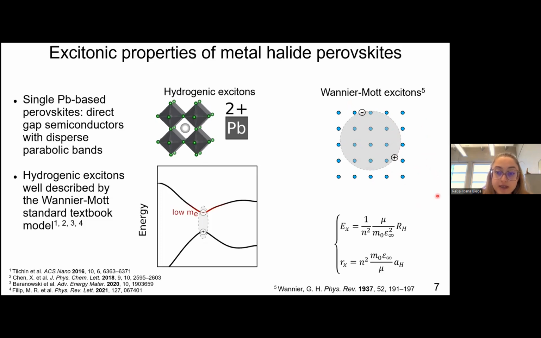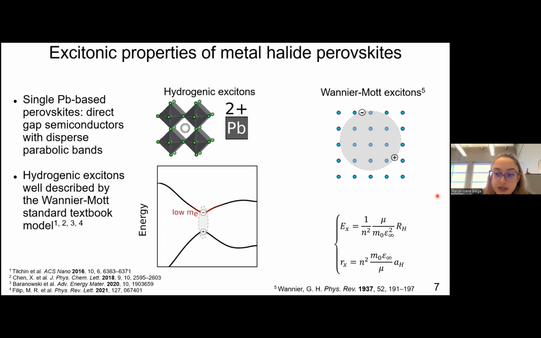Another important point that I have to mention is that the exciton binding energy in those lead-based perovskites is small, in the order of 50 meV. But that is not true for double perovskites.